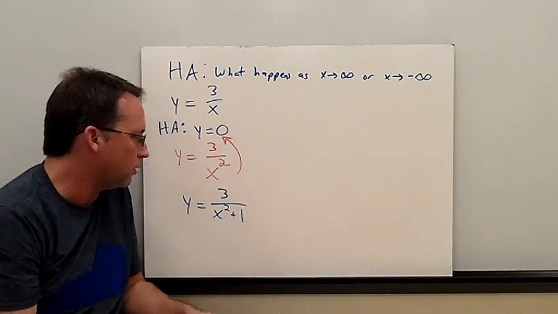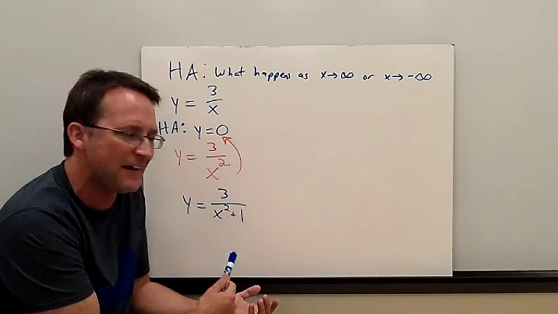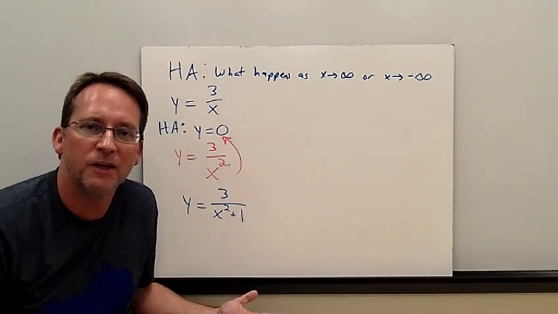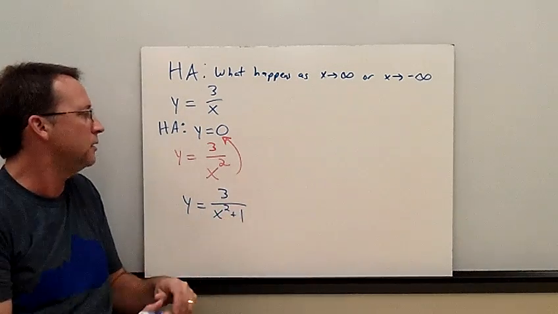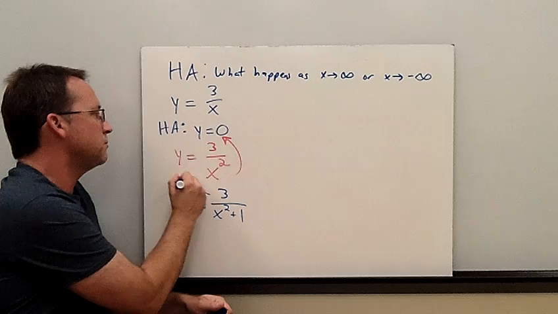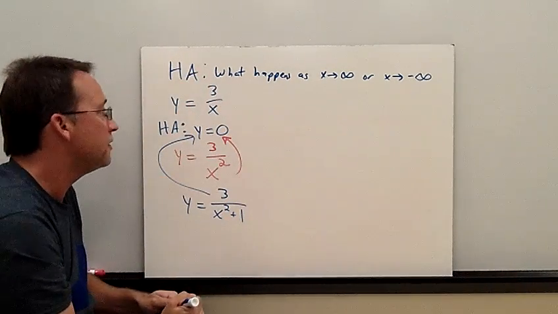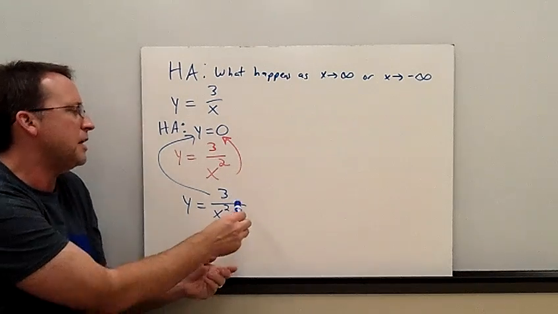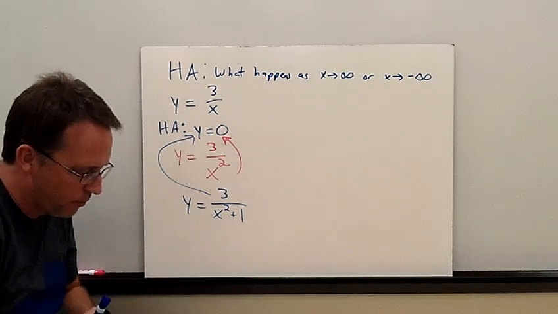And really, who cares about the plus 1 if you've got 1,000,000 or 1,000,000,000 squared down there? That plus 1 is not really going to do much to your graph. So this graph, again, would have the same horizontal asymptote of y equals 0. Notice all 3 of these functions will look different on the graph, but each of them has the same horizontal asymptote at y equals 0.